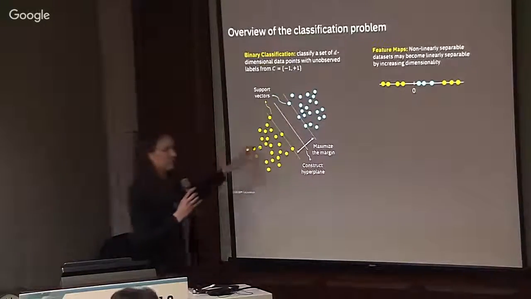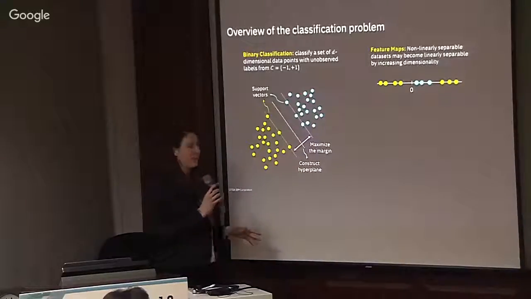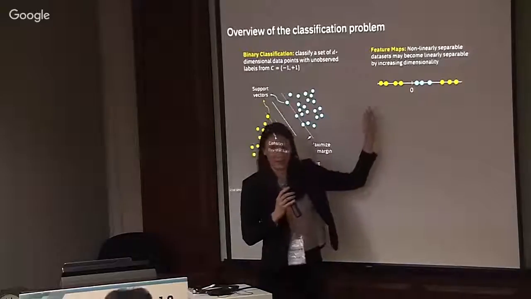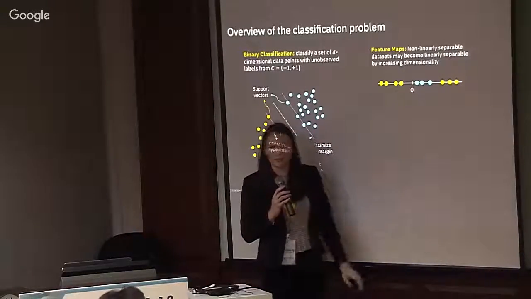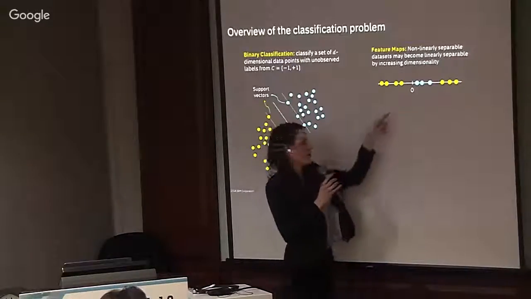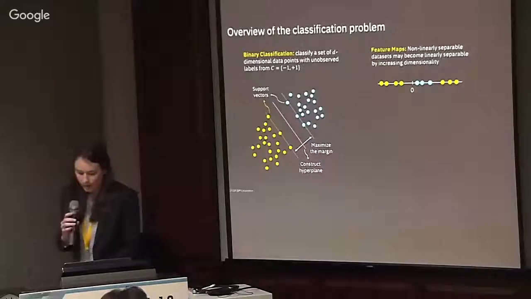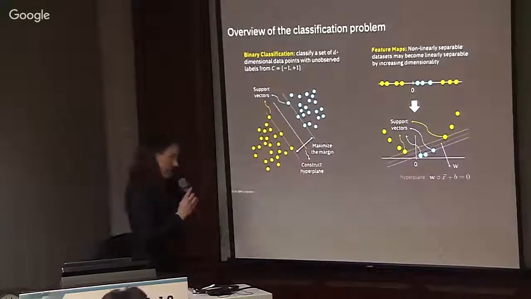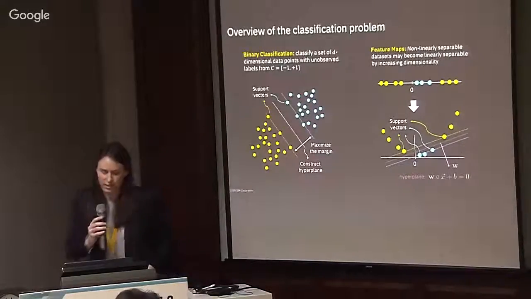So this example is really simple because the data is already linearly separable, but usually that's not the case. So here's another very simple example to demonstrate the idea. Here you can't draw a straight line to separate these two sets of points. You'd have to draw something that looked like that. So to get around that problem, what you do is you apply a feature map to your data.